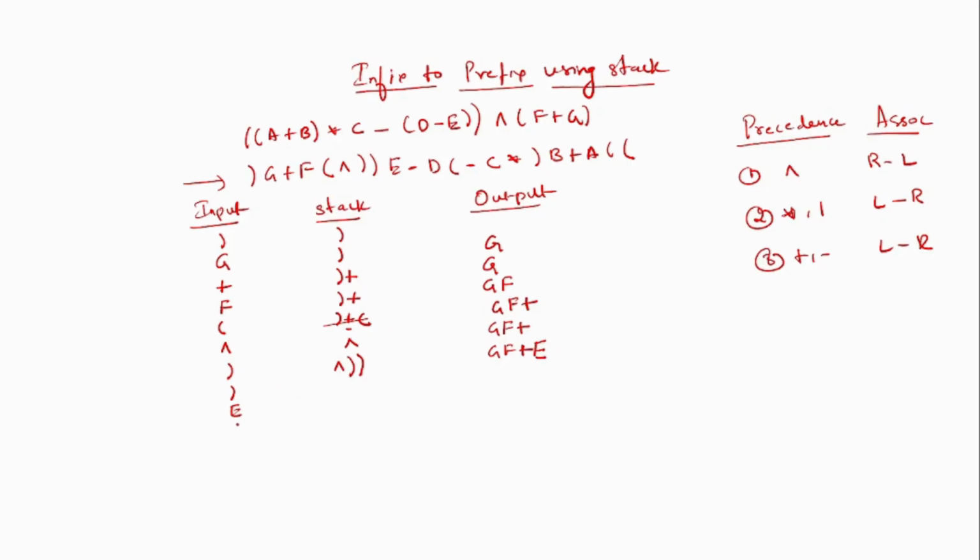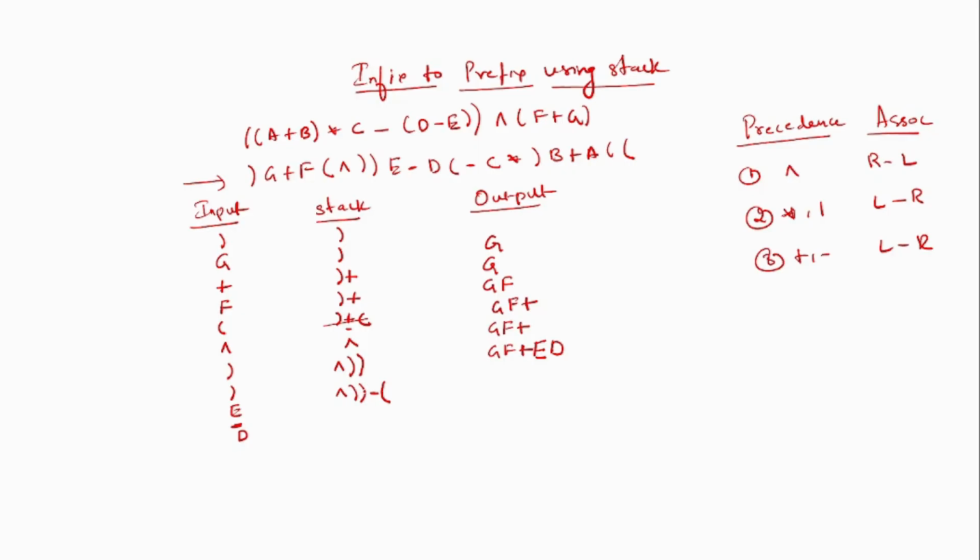Then comes minus, so minus is directly pushed into the stack, right? Then comes D, here, so I'll directly write D here, right? Then comes your open parenthesis here. I have already discussed that once you have a closed and open parenthesis, whatever is there inside it will be popped out, right?